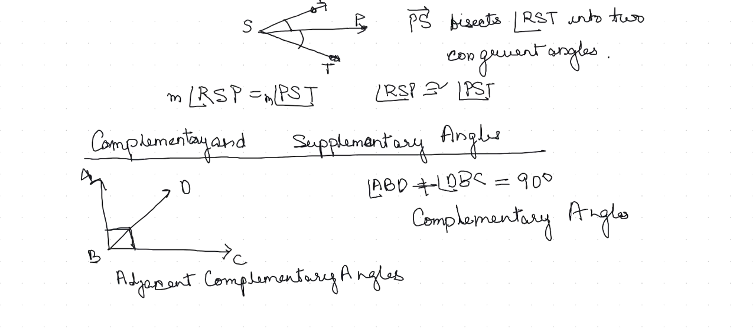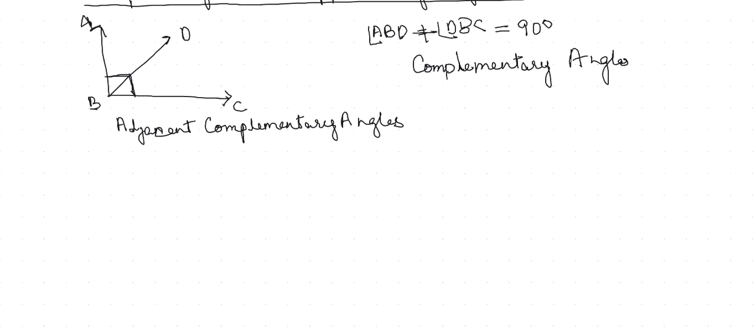Then these were adjacent. They can be non-adjacent also, like this. This is 30 degrees, and this is 60 degrees. So this is ABC, 30 degrees, and this is DEF, 60.